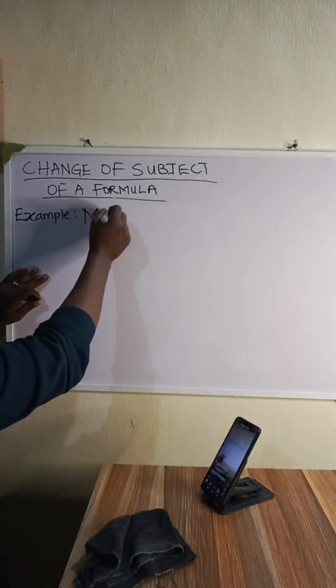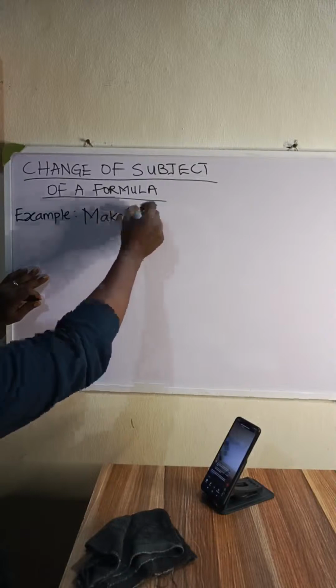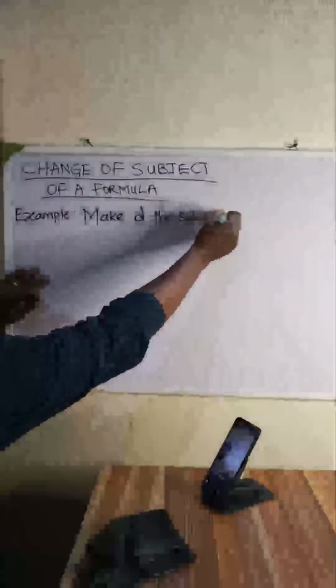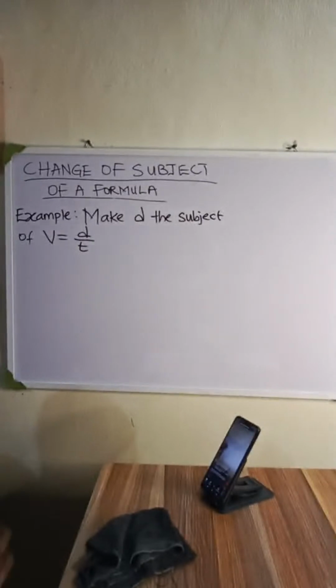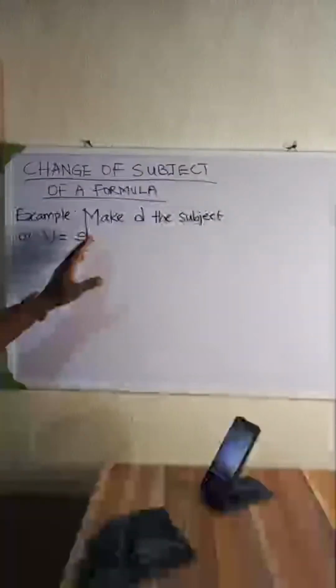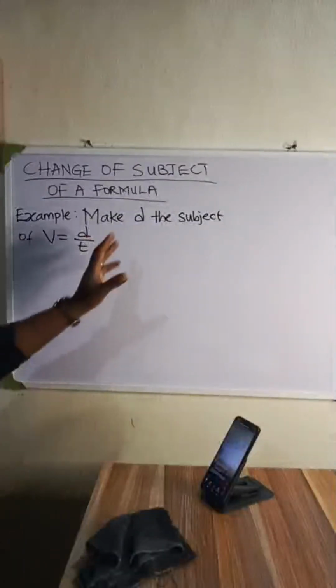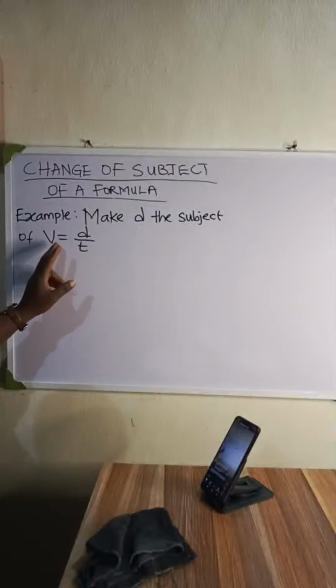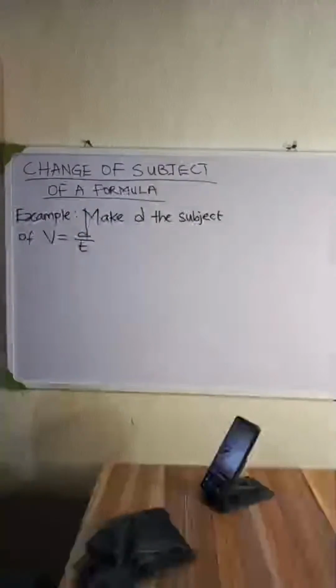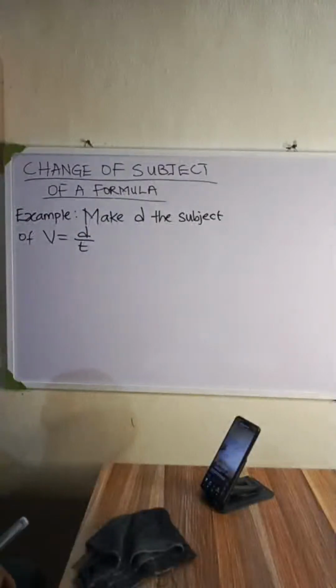Make D the subject of V is equal to D all over T. So we're starting with something very easy. We are told to make D the subject of V is equal to D all over T. Okay. So let's see how to get that done.